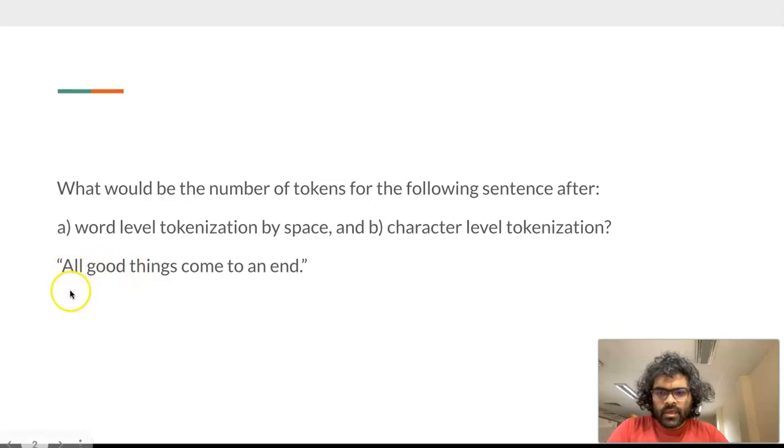So each of these individual characters and this space are counted, so they all will be different characters. 1 2 3 4 5 6 7 8 9 10 11 12 13 14 15 16 17 18 19 20 21 22 23 24 25 26 27 28 29 30. Okay, 30, sorry, and then the full stop. So total 31 tokens will be there.